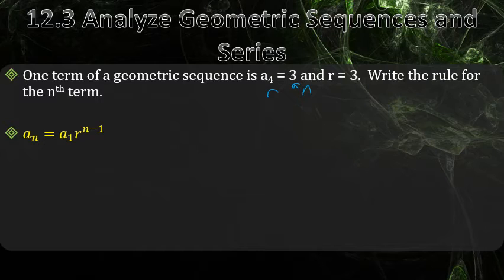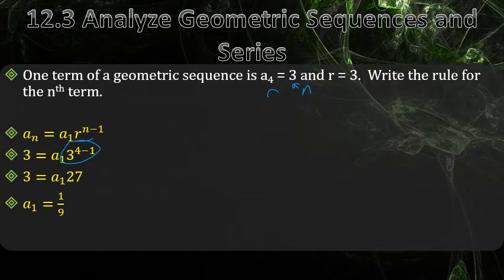I put the 3 for the an, 3 for the r, and a 4 for the n. Of course, 4 minus 1 is 3. 3 cubed is 27, so that part comes 27. Divide by the 27, and a1 is 1/9. So now we can write our rule. We know the a1, we know our r, fill it in. 1/9, 3 to the n minus 1.